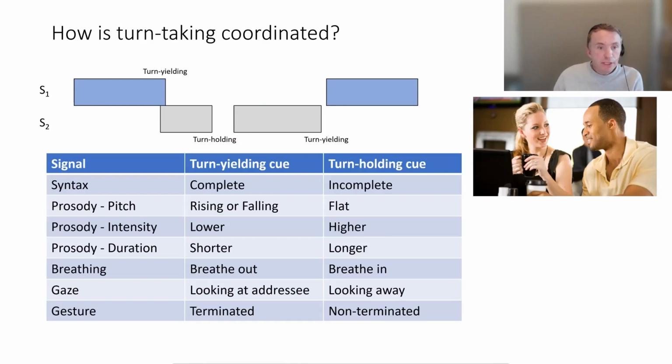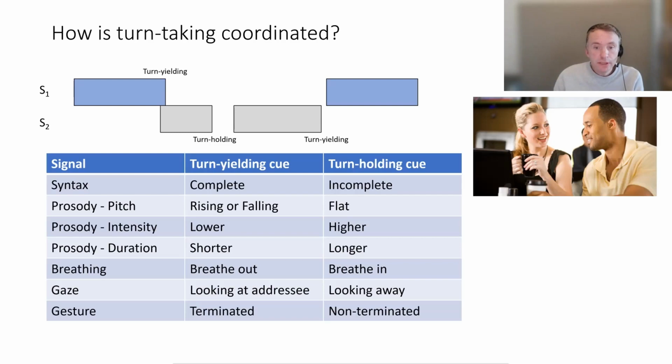And researchers in linguistics have studied this a lot and looked at different cues. For example, syntax, so the grammar might be complete if you're yielding the turn, it might be incomplete if you're holding the turn. The prosody, the way we are speaking, might also change. So you might have a flat pitch if you're holding the turn, or a more rising or falling pitch if you're yielding the turn. Breathing, if you hold the turn, you might breathe in, otherwise you might breathe out.